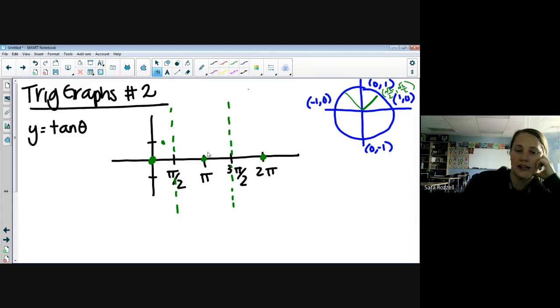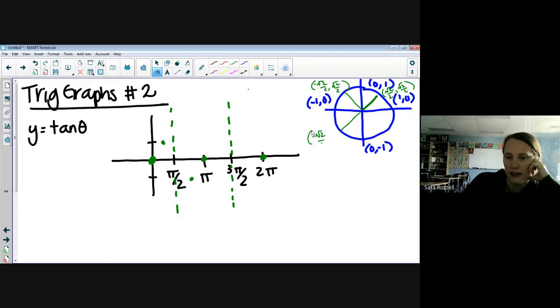Now we'll check our next halfway point. We've got negative root 2 over 2 and root 2 over 2. When you divide these two, what number are you going to get? Negative 1. Good. So our next halfway point is at negative 1. We'll go to our next pi over 4.